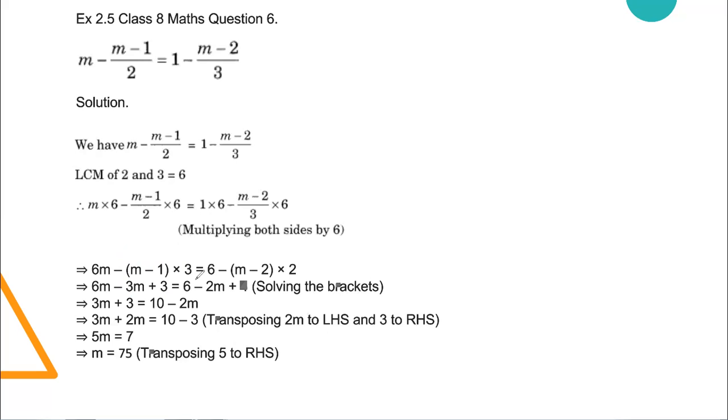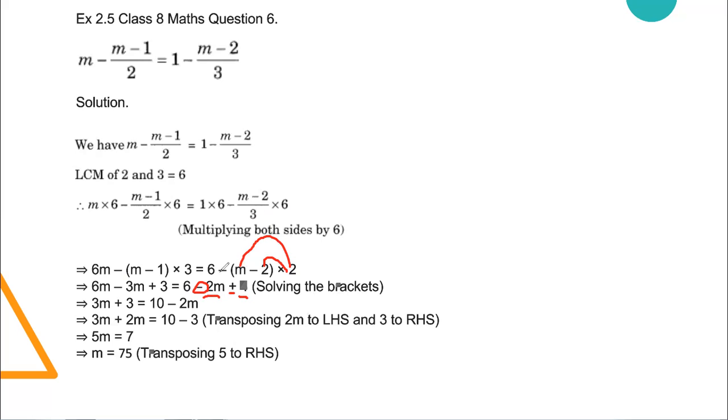Now guys, going towards the RHS side, 6 will be written as it is. And how do you solve it further is quite simple, guys. You just solve it by saying 2 multiplied with m, which is 2m, and 2 multiplied with 2, which is 4. How do you get a minus and plus is quite simple. It is because when you multiply 2 into m, it is just 2m. But here we have a minus.